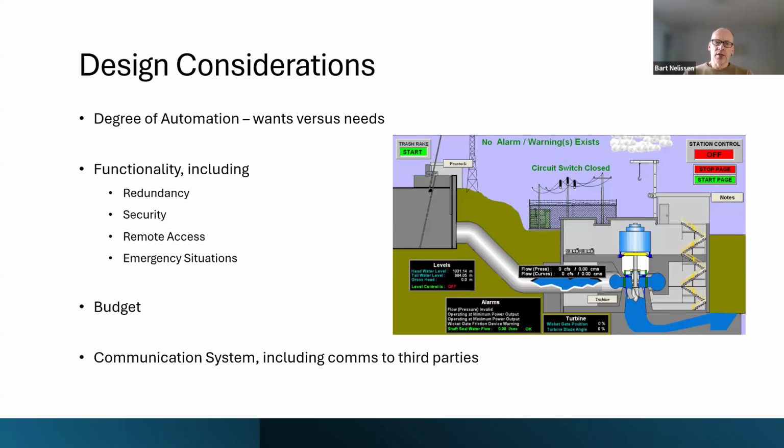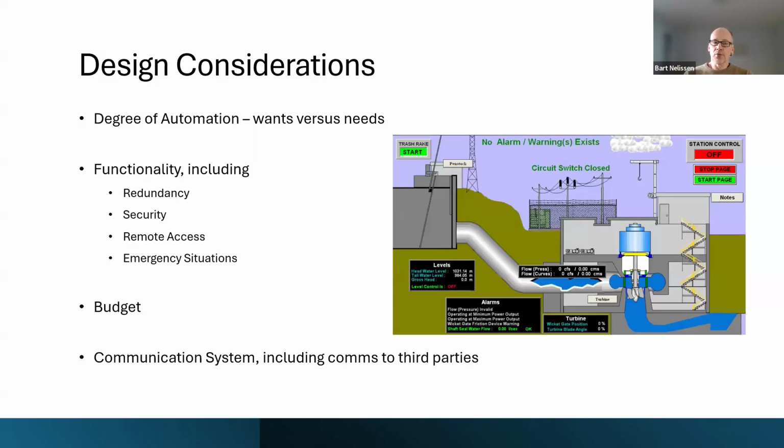Now, when we talked about remote access, we typically include not just operations, but also other parties. For example, maybe your municipality has an in-house engineer that would like to have access to do his job to the SCADA system.